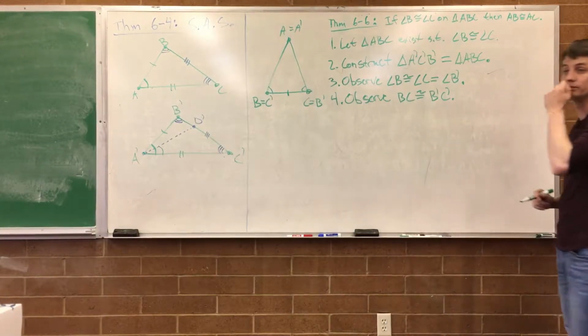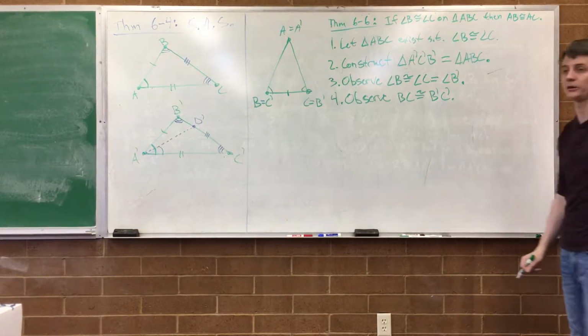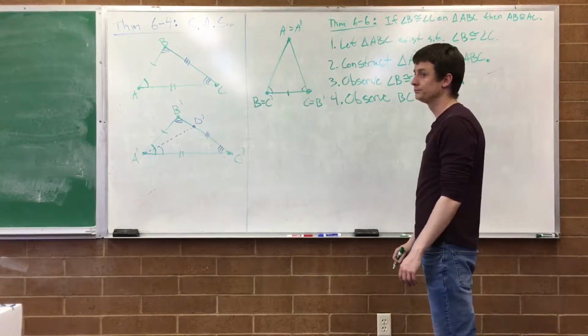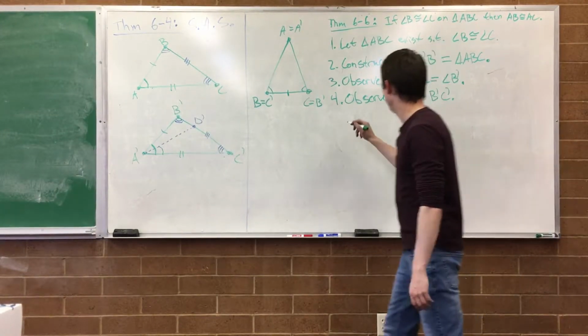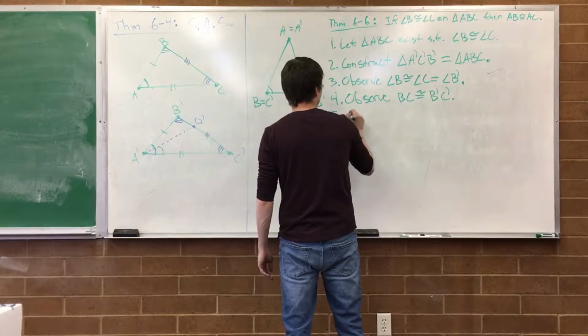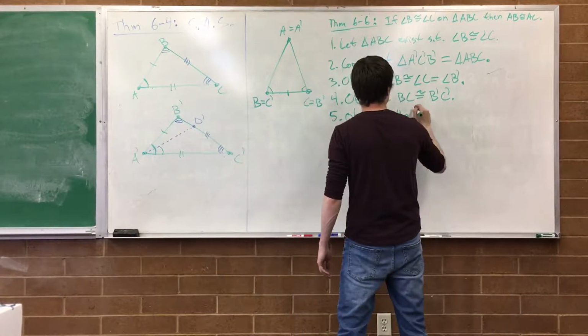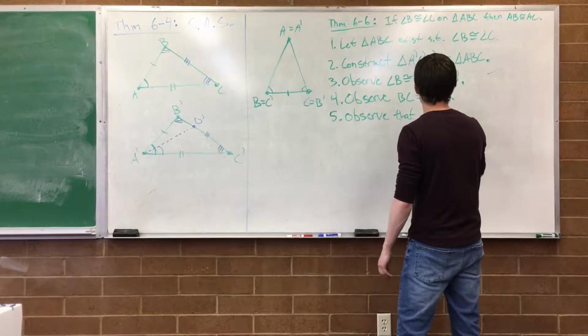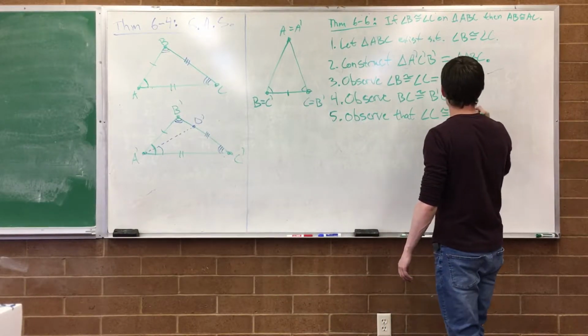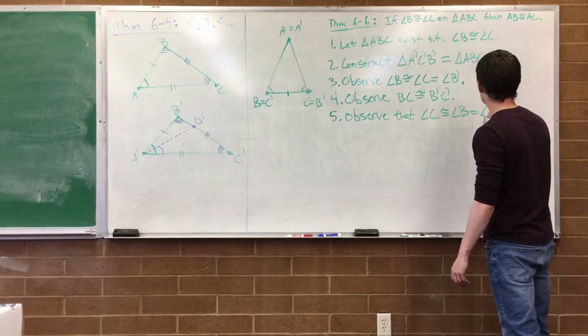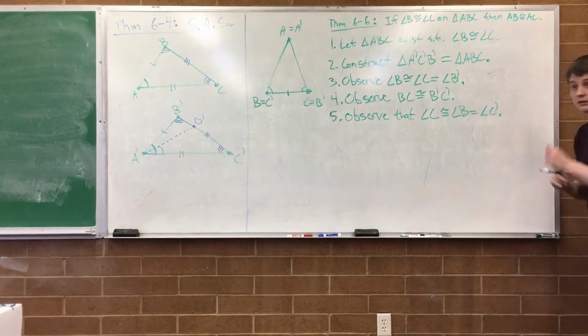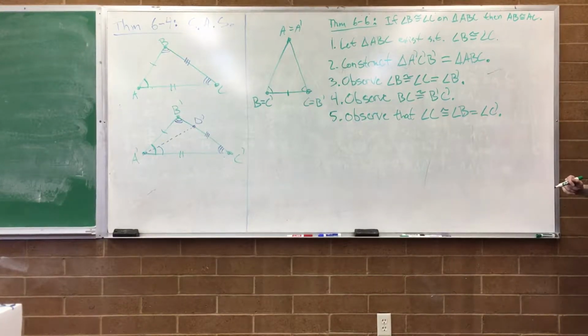And that was part of our first postulate talking about congruence of segments. And then finally, five, observe that angle C is congruent to angle B, which is equal to angle C prime. Right?